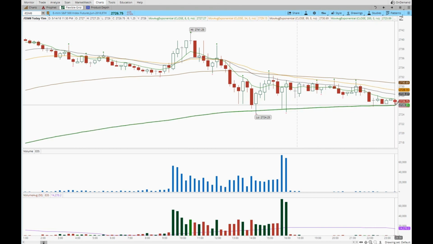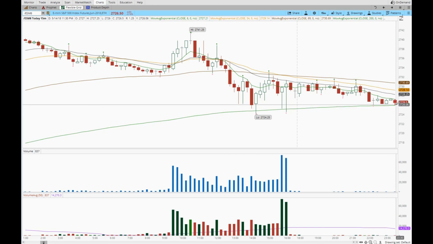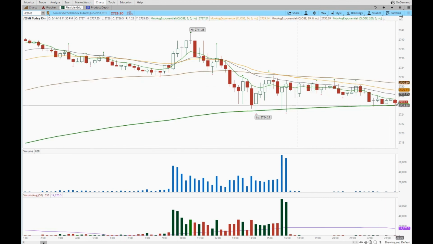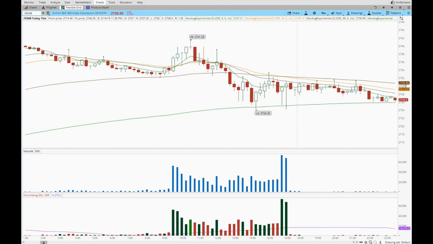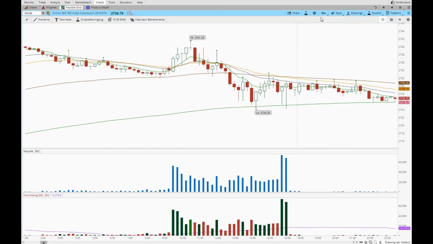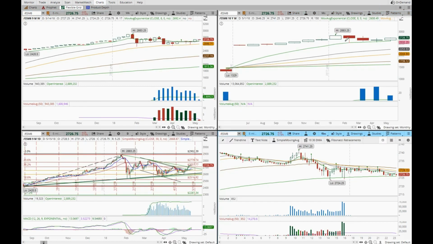We see that it's playing with the support level on the 200 period moving average on the 15-minute. So it's kind of threatening to break to the downside on the future. We'll see what's going on tomorrow. This one could reverse at any point and then start moving up, but it doesn't. It's playing in this range right here.